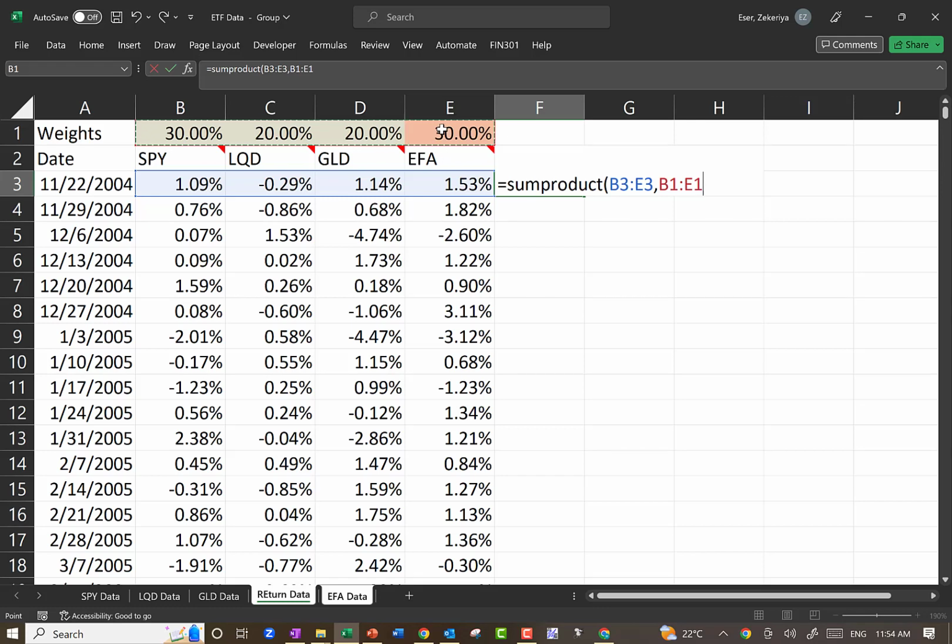Since I'm going to keep using the same weights, I'm going to hit F4 and make that fixed. Because when I copy this formula, the first argument is going to be changing. It's going to go from B3, E3 to B4, E4, but the second one is going to remain the same.